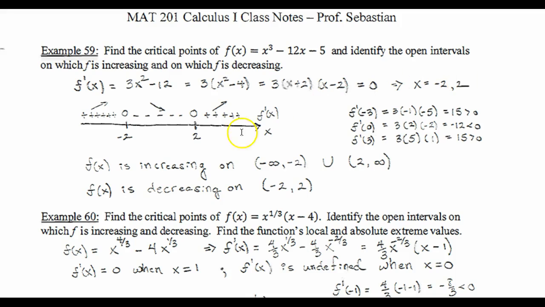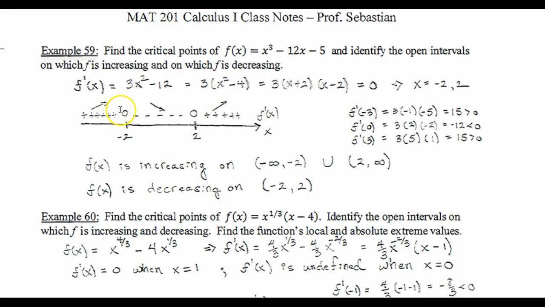So the way to conduct the first derivative test is to set up a number line and write your critical values. Below that number line, I'm going to write x values, and above that number line, I'm going to write the derivative, f prime of x values. So at the critical points, when x is minus 2 and 2, we know the derivative is 0, so I wrote 0.